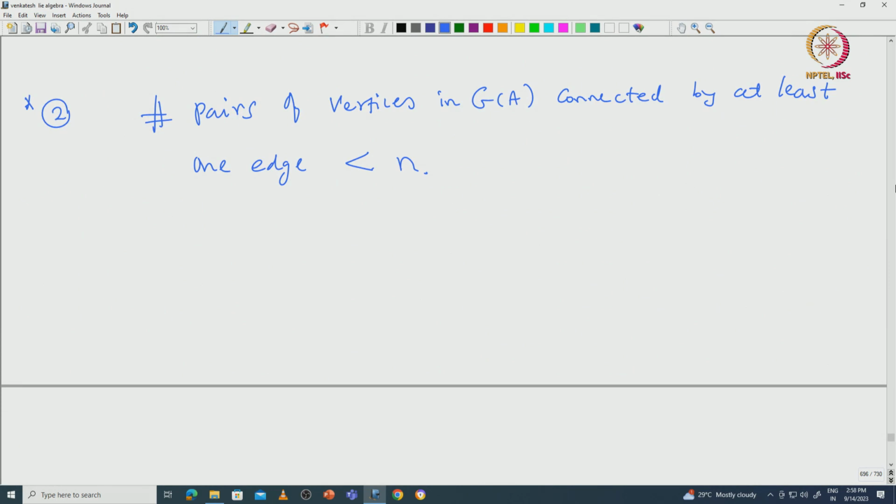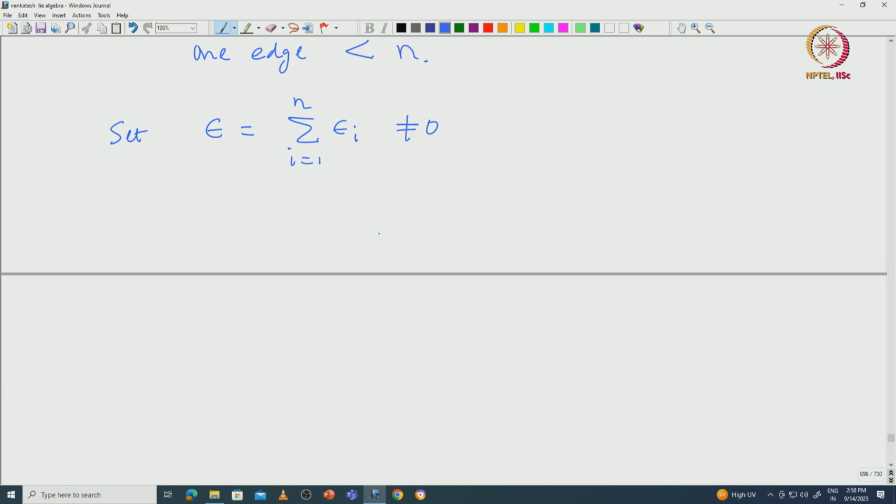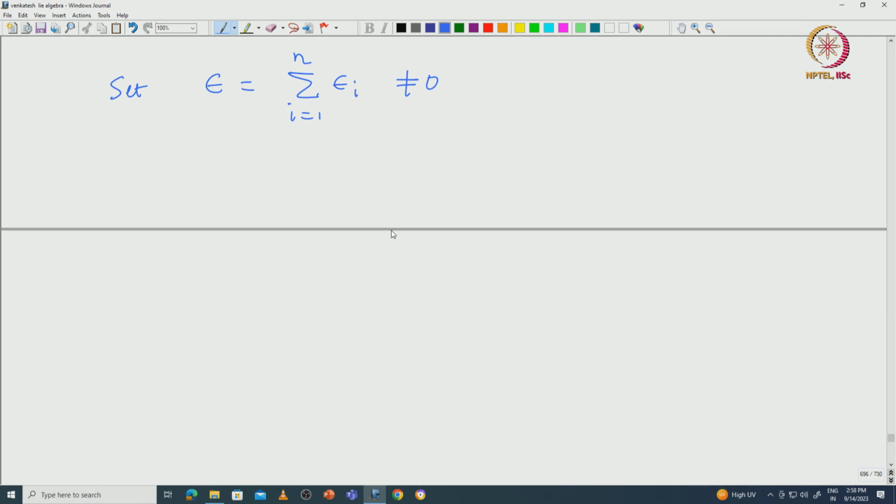What we do is take this epsilon, which is the summation of epsilon i, i ranging from 1 to n. This is definitely a non-zero element, as the epsilon i's are linearly independent. Now we simply compute the inner product of epsilon with itself. You can see immediately that this inner product has all the information about the pairs i j such that epsilon i, epsilon j is non-zero.